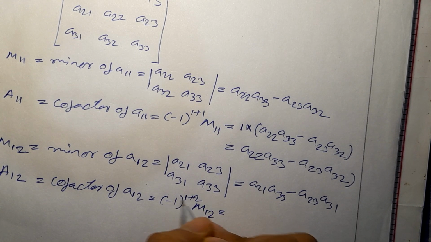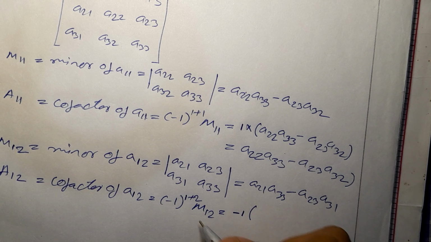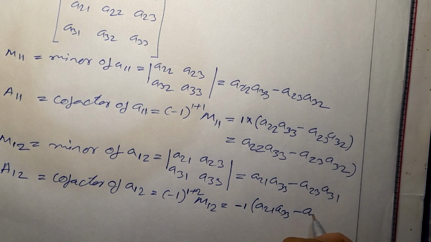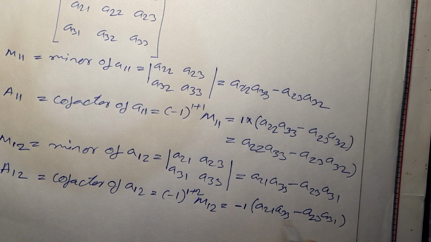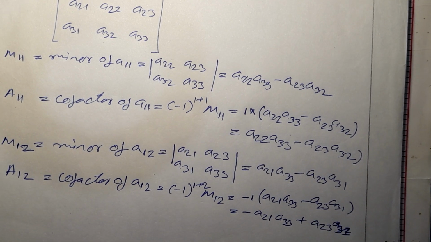Its power is odd, so it will be minus 1 times m12, that is a21 a33 minus a23 a31. Since there is a minus, it gives minus a21 a33 plus a23 a31. So this is the minor and cofactor.